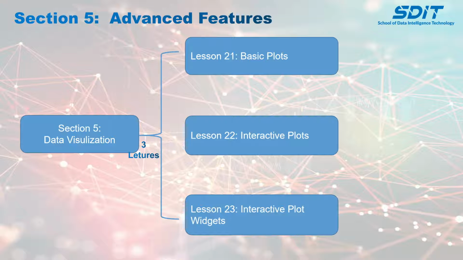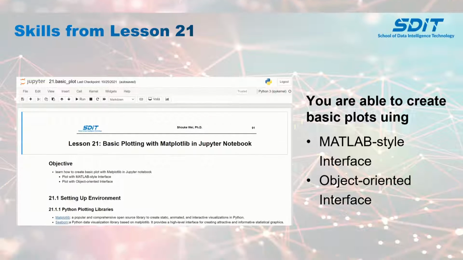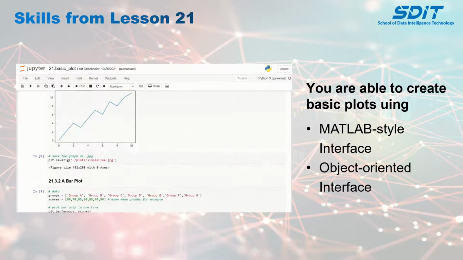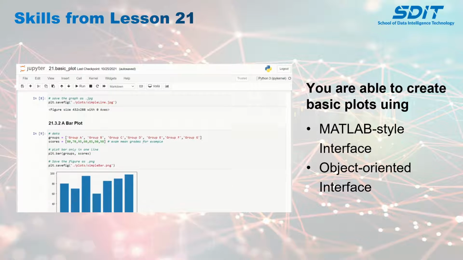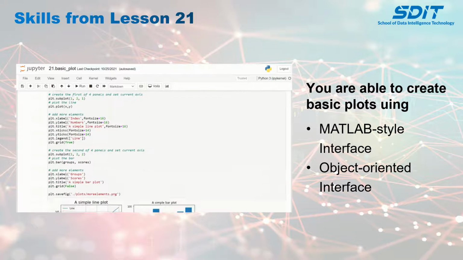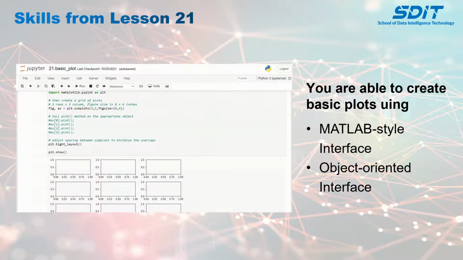Section 5, data visualization, includes 3 lectures. Lesson 21, basic plots. Lesson 22, interactive plots. Lesson 23, interactive plot widgets. From Lesson 21, you will gain the skills to create basic plots using the MATLAB-style interface and the object-oriented interface.